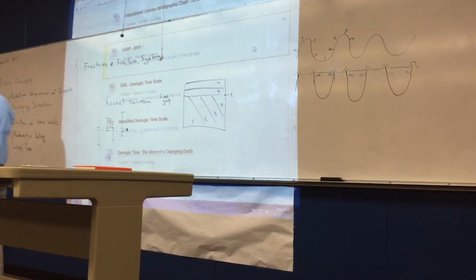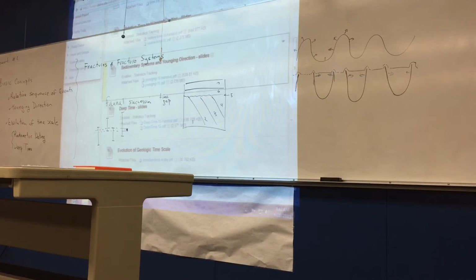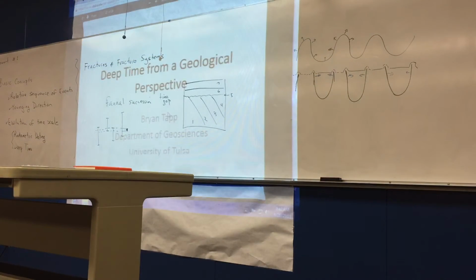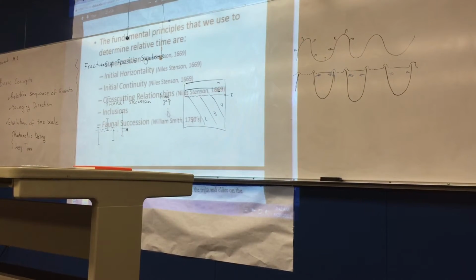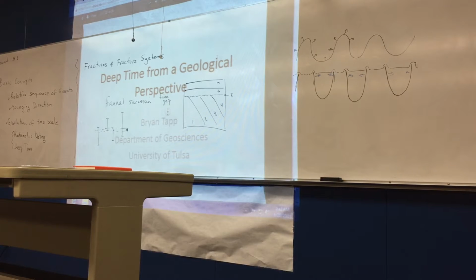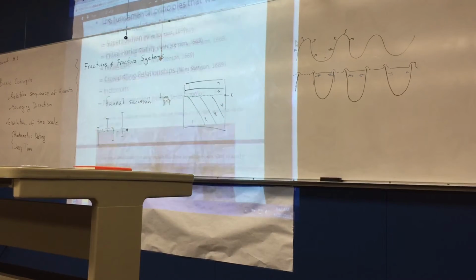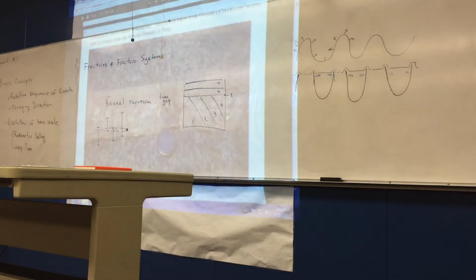And so, if you will, let's just go up and take a look at the concept of deep time, and let's zoom into... are you going to misbehave like this? Let's just quickly go through some of these.